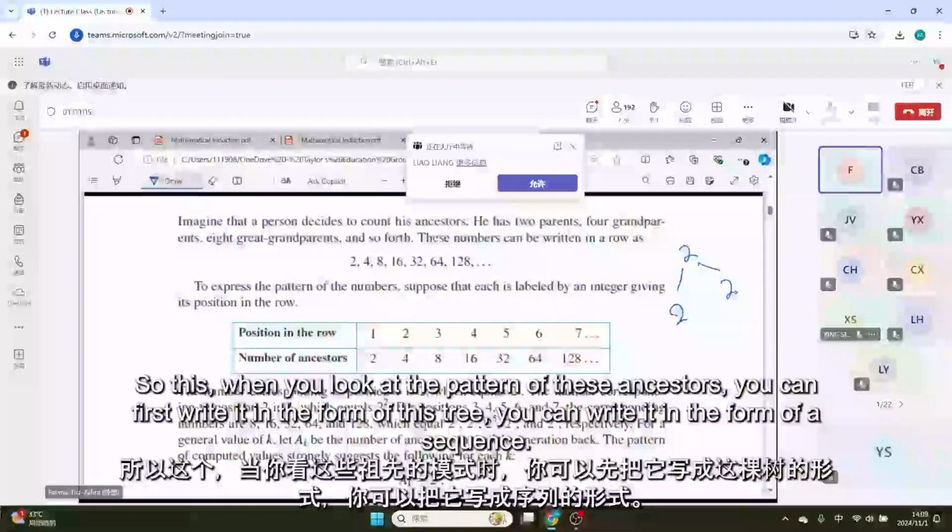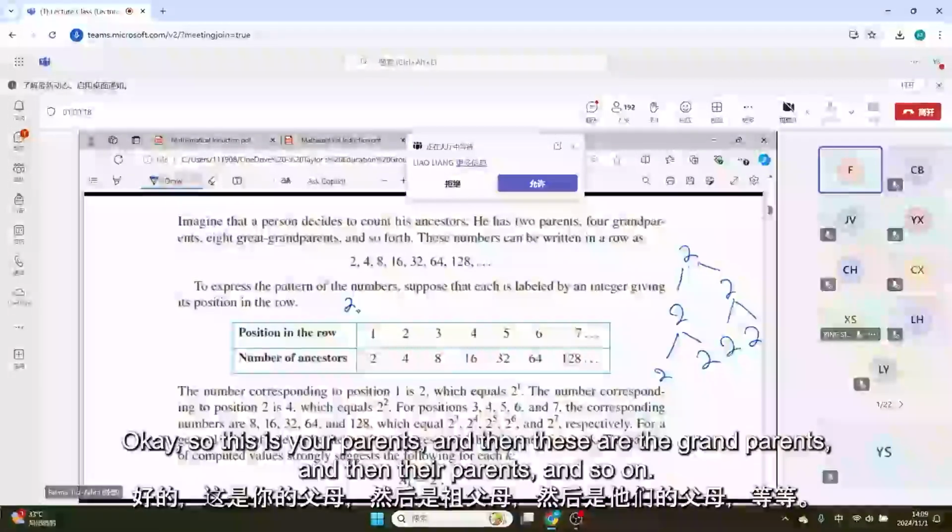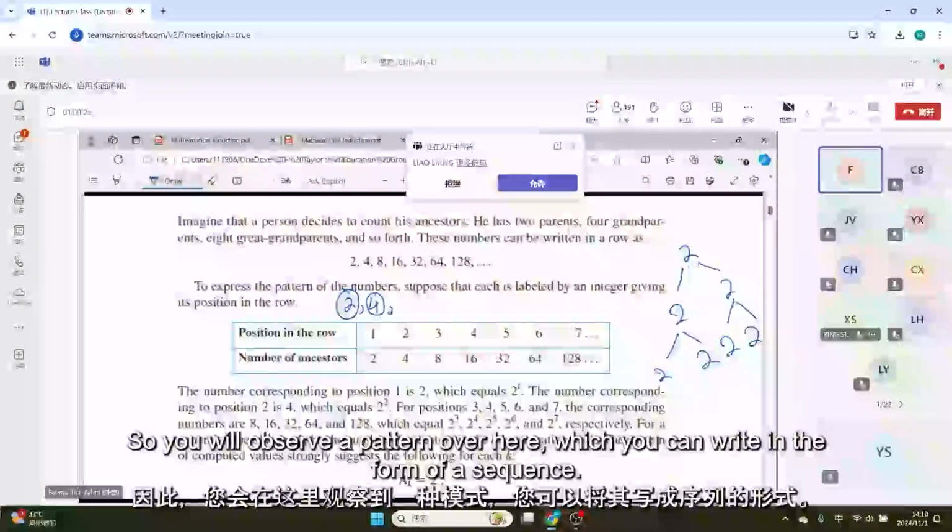When you look at the pattern of these ancestors, you can first write it in the form of this tree. You can write it in the form of a sequence. This is your parents, and then these are the grandparents, and then their parents, and so on. So you will observe a pattern over here, which you can write in the form of a sequence.